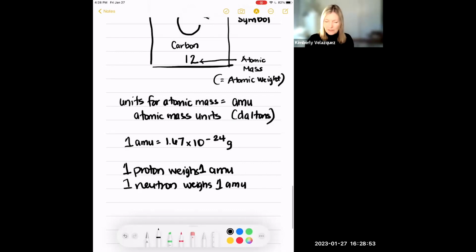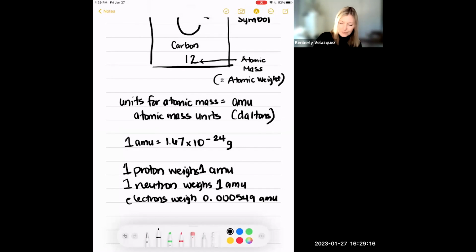Sorry, that's really messy the way I wrote that. Electrons are so small that their weight does not really matter in this story. Electrons actually weigh 0.000549 atomic mass units.